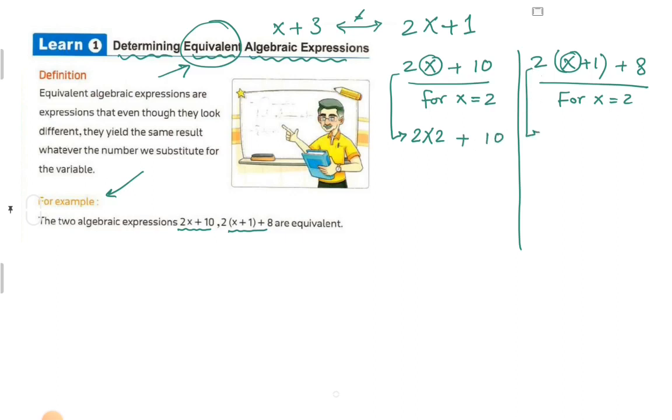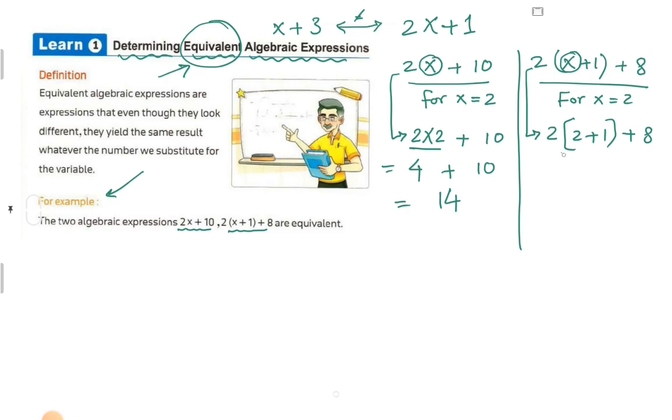Here, 2 by x plus 1, 2 plus 1, plus 8. Now, we have multiply and add. Start with multiply equal 4 plus 10 equal 14.